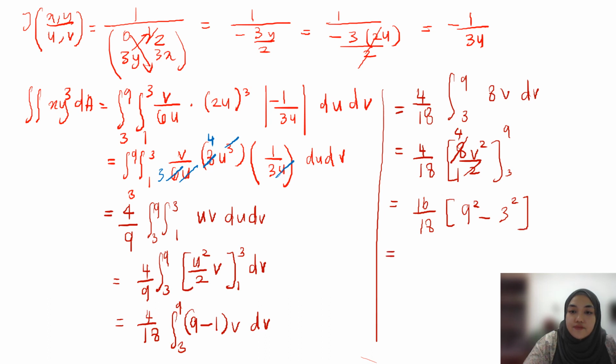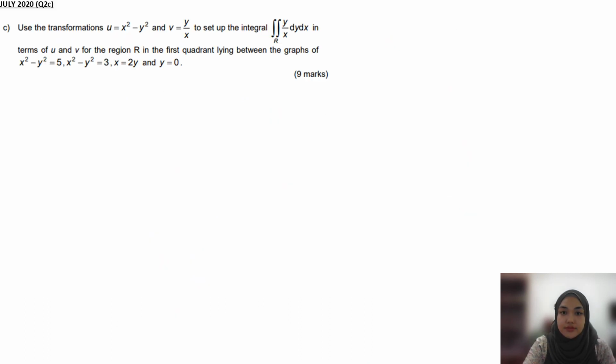So you will get the final answer is 64. Okay, you can calculate times 16 over 18. Alright, so you will get 64. Okay, so that's it for question for Jacobian. Okay, so we will continue on the next example, Jacobian question.